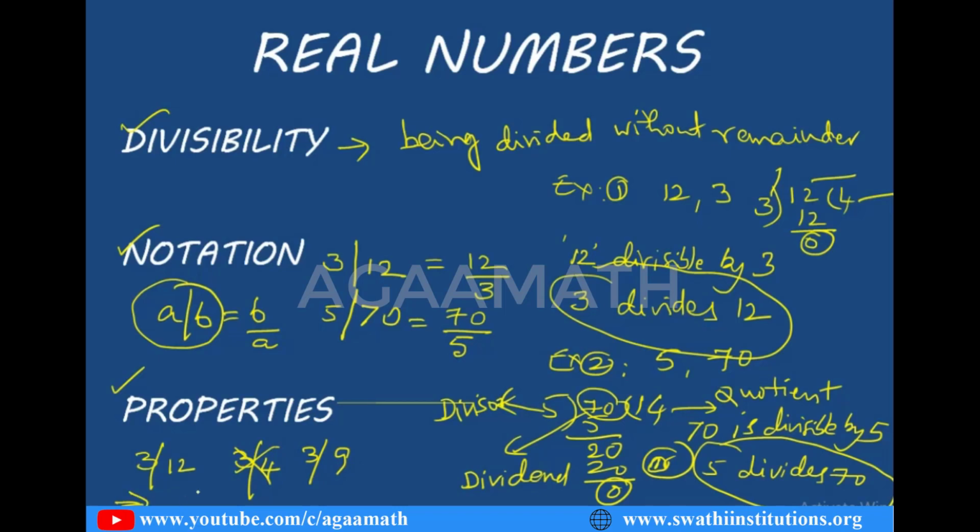Now we can conclude that 3 divides 12 plus 9, 3 divides 12 minus 9, and 3 divides 12 into 9. All are true. From these two values, we can say 3 divides 12 plus 9, 12 minus 9, and 12 times 9.